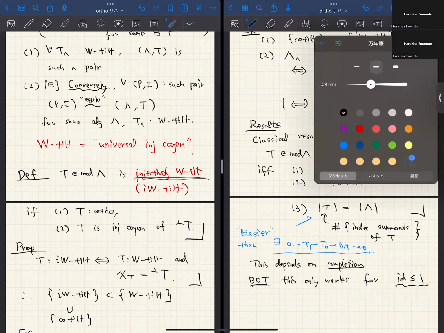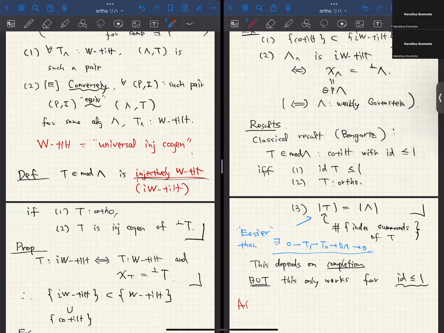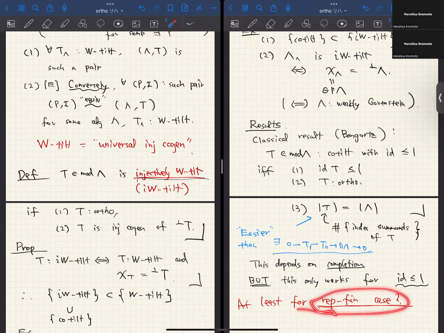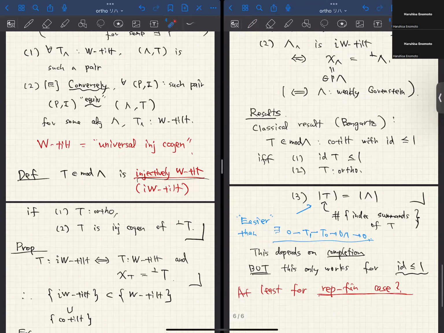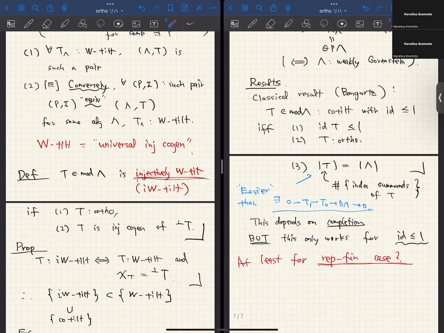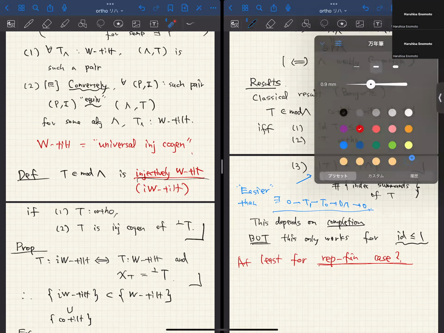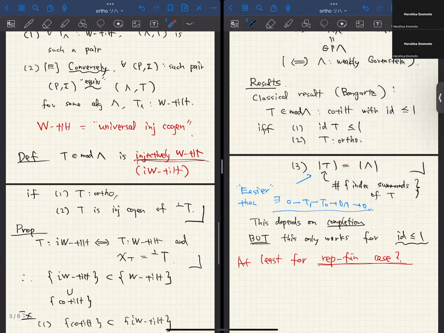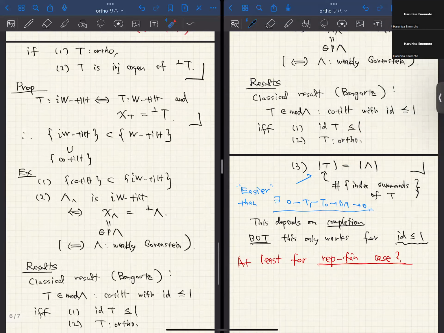The motivation is that, at least for the representation-finite case, the first thing we have to consider in homological theory is the representation-finite case, and my main result is about such a case.